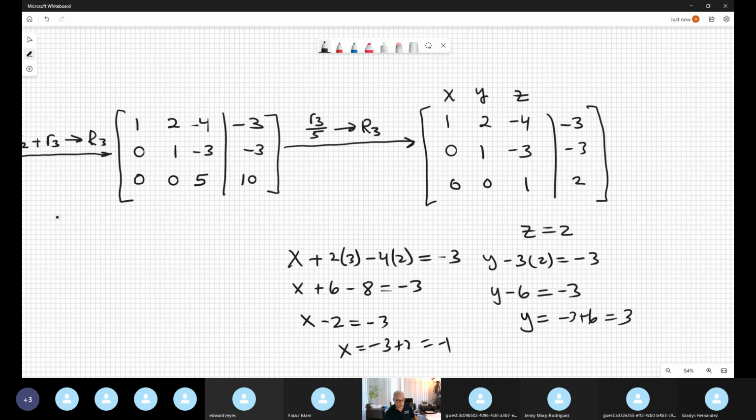And the solution is the ordered triplet: x equals negative 1, y equals positive 3, and z equals positive 2. You write it like that if you want, as an ordered triple: negative 1, 3, 2 as a solution.